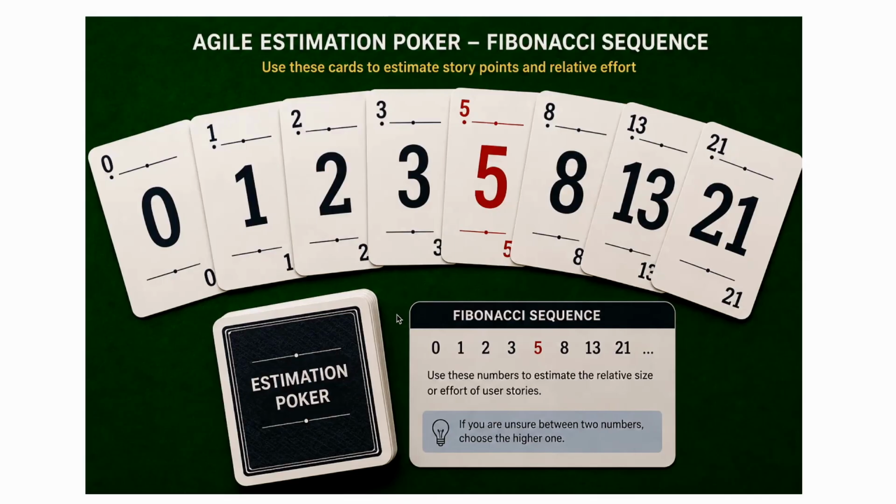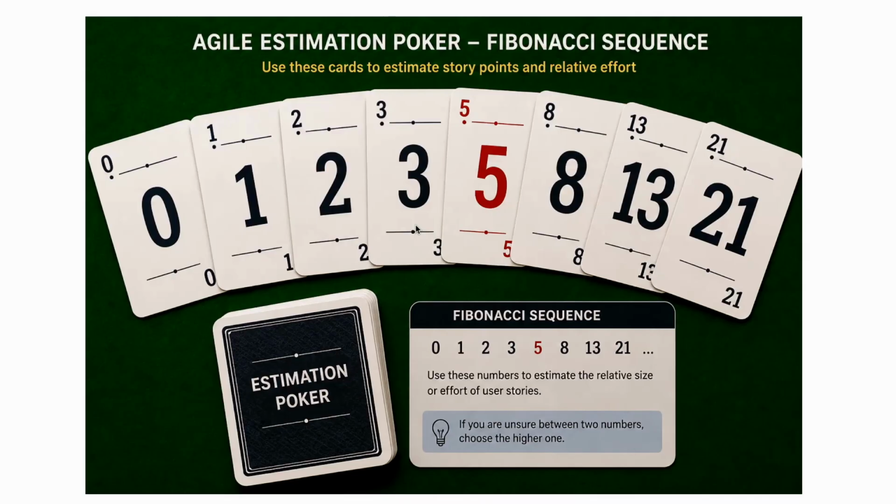And then the development team is asked to give a weightage to the user story based on the Fibonacci series: 0, 1, 2, 3, 5, 8, 13, 21. So for the smallest story, team members are asked to give a 1, for the bigger one, 2, for the next bigger one, 3, and so on. While doing the estimation, the team members are not allowed to talk to each other, because it has to be the individual estimate.